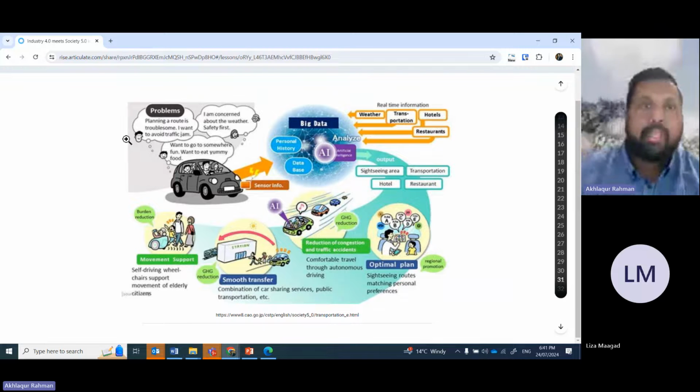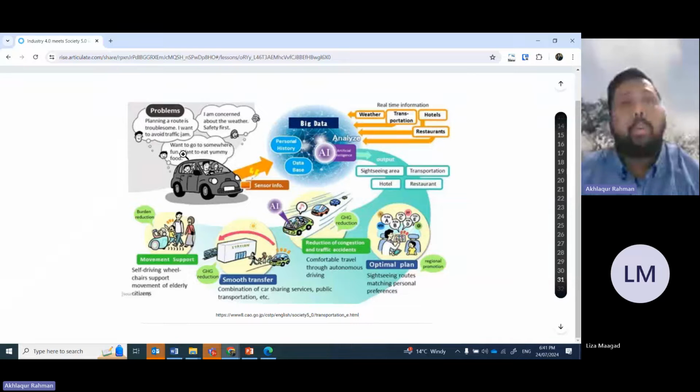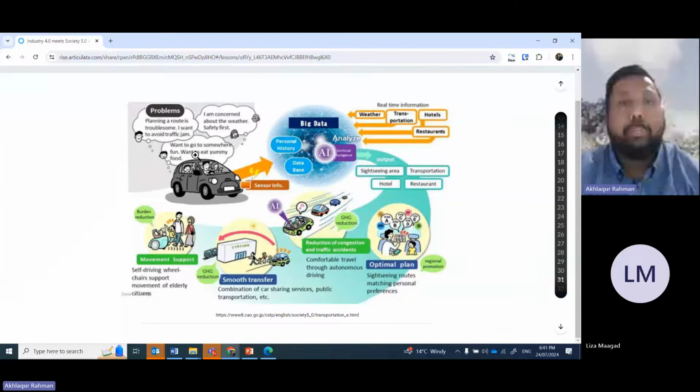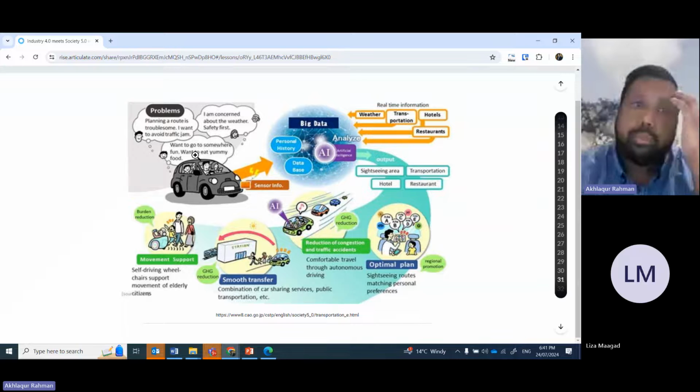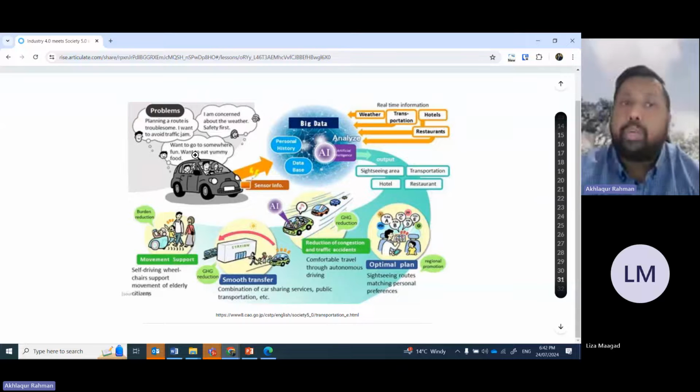So for example, here you can see mobility. If you want to plan a route to go somewhere, you can connect information like which road will have less traffic, but you can also add things like, if you have a food requirement, which restaurants will give you better food, which area you pass through will be better, or maybe you want to add some sightseeing areas based on your needs.